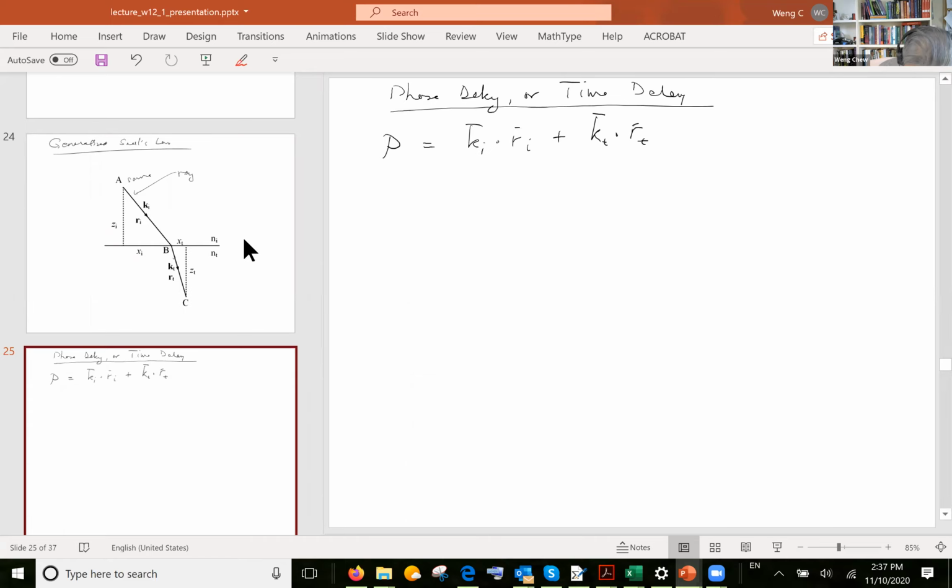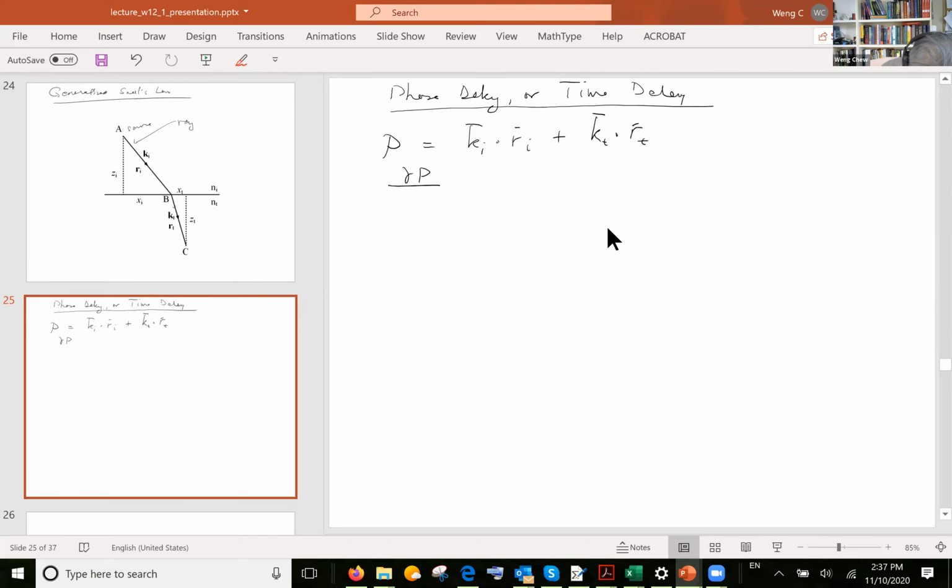So how do I set up the equation? I know that the total phase delay is given by this dot product plus this dot product, and I'd like to minimize this phase delay by changing it with respect to xi. But I know that for this problem, xi plus xt is equal to a constant.